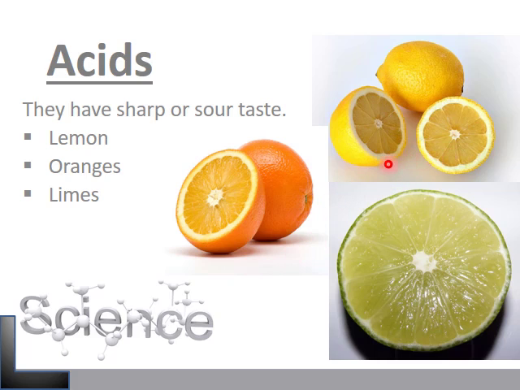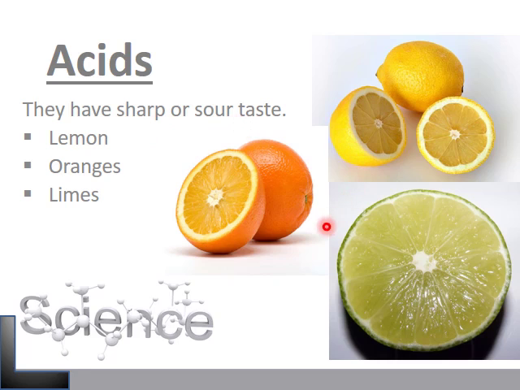If you taste lemon, it's very sour, so you just squeeze it in the water and then you can have it. Otherwise it's very difficult to have directly. You cannot eat this lemon, it's very sour or sharp in taste. Orange you can eat, and fresh lime it's difficult to eat because their tastes are sharp and sour.